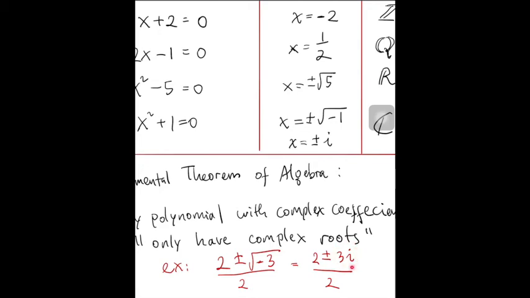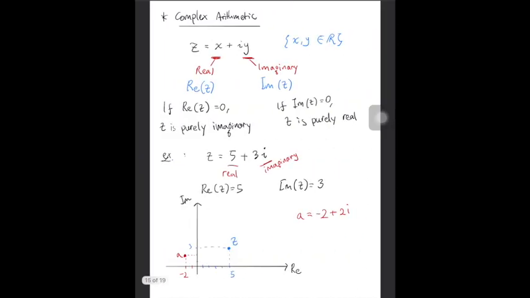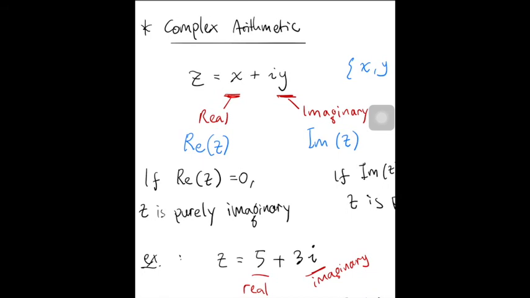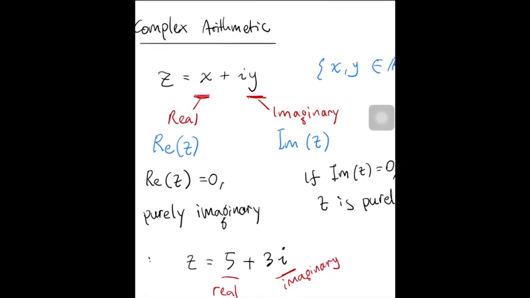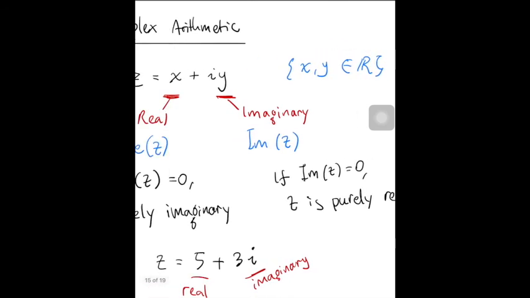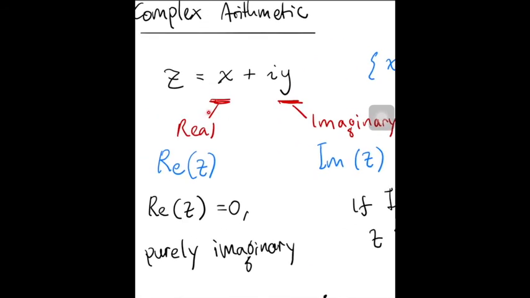This part is our imaginary number. This part is our real number. In complex arithmetic, usually a complex number starts with z equals x plus iy, where x and y are both real numbers. So this is the real part, and this is the imaginary part.